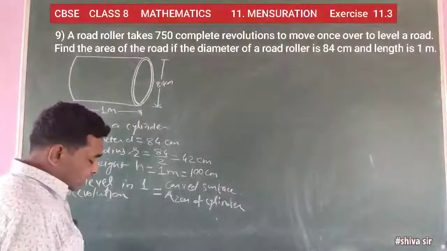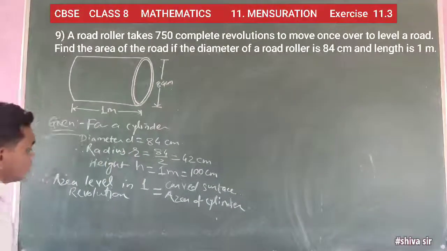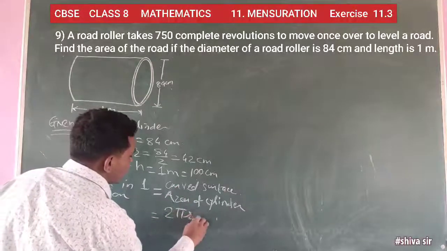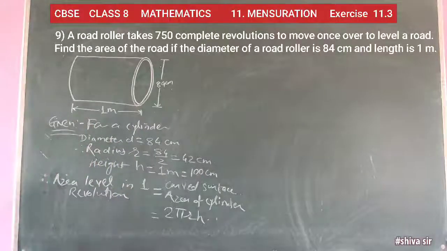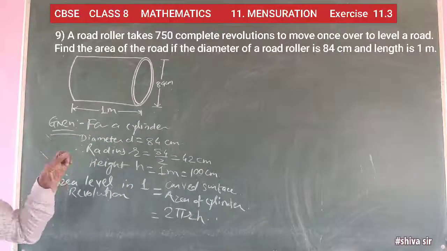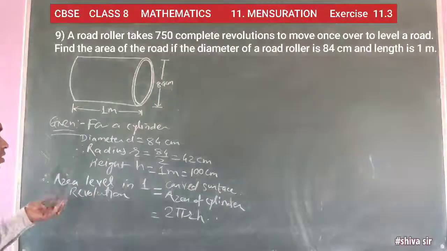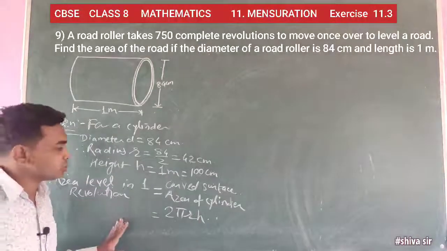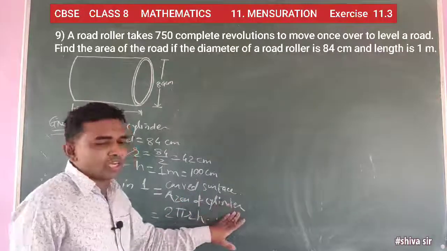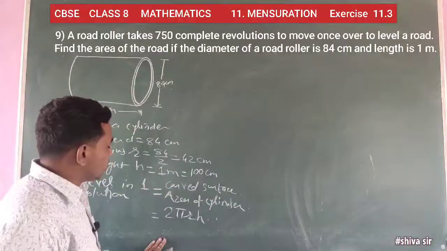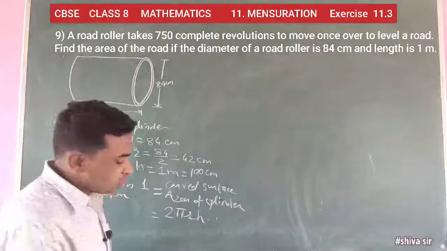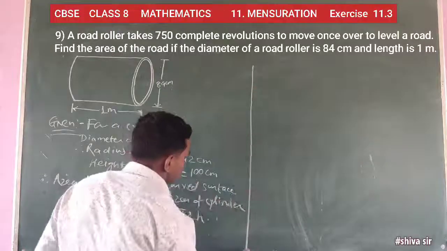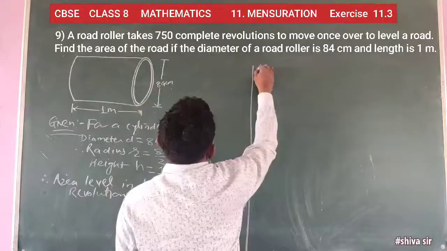So to find the total area leveled in 750 revolutions, firstly we have to calculate the area leveled in 1 revolution, which is equal to the curved surface area of a cylinder. What is the formula of the curved surface area? 2 pi RH.